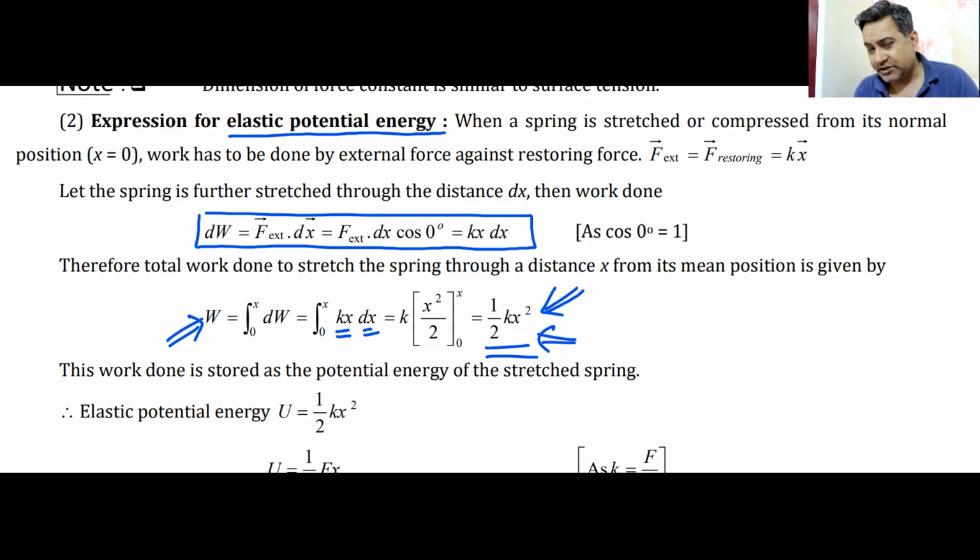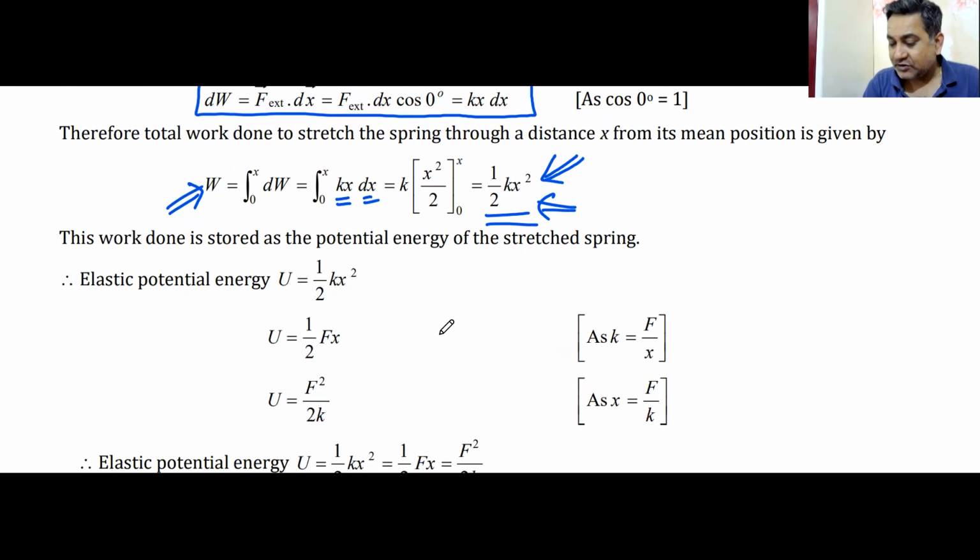Now remember, there was a question in the paper where force and displacement were given and you were supposed to answer in which case the energy is more. So how to do this? See, this is how it has to be done. There are three different formulas that you can formulate for the elastic potential energy.